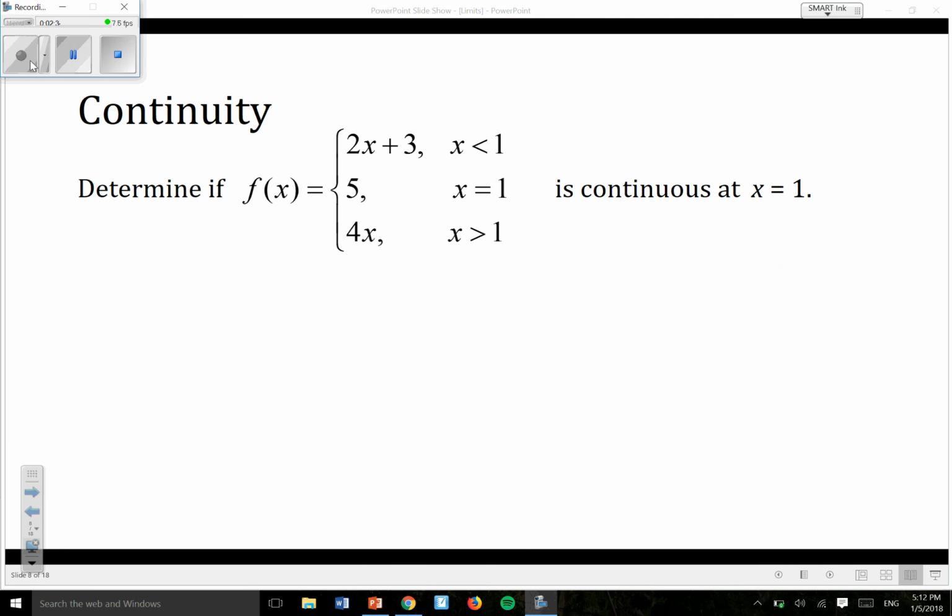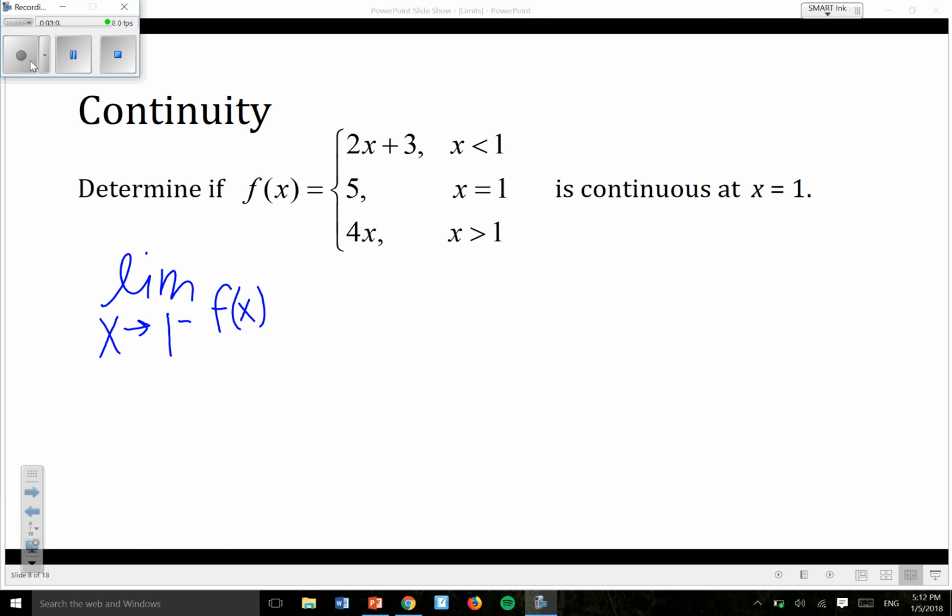Let's take a look at determining if a piecewise function is continuous at x equals 1. And we're going to do that by looking at the limit definition of continuity. We'll start with the first piece of that definition, the limit as x goes to 1. Actually, let's start from the left of my function f of x.